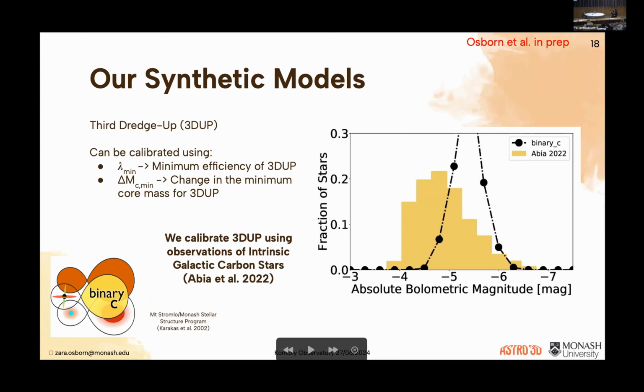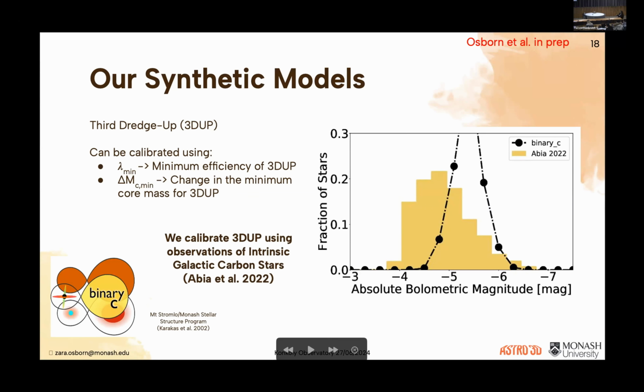Now, this yellow curve shows the carbon star luminosity function measured using observations of galactic carbon stars, and this black curve shows a theoretical carbon star luminosity function that we calculate from our single star binary_c models. As you can see, it's not a great fit, and naturally we want our models to mimic observations.